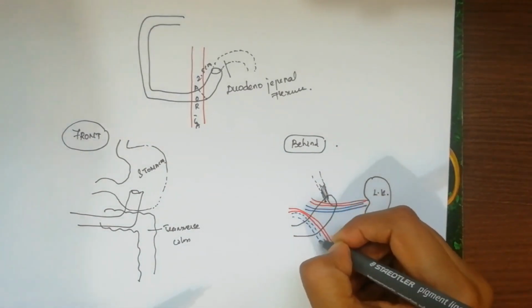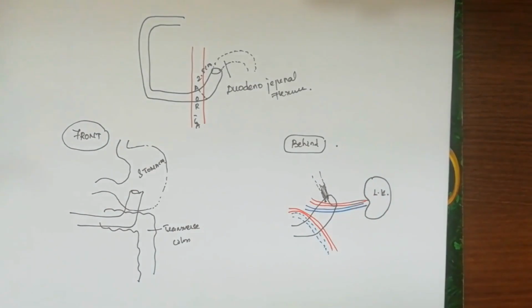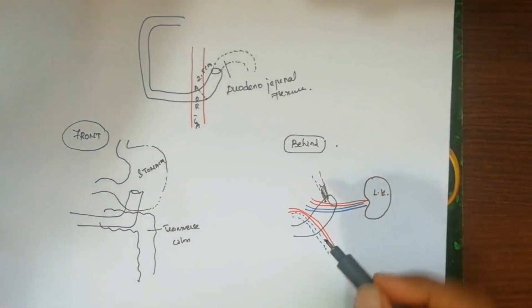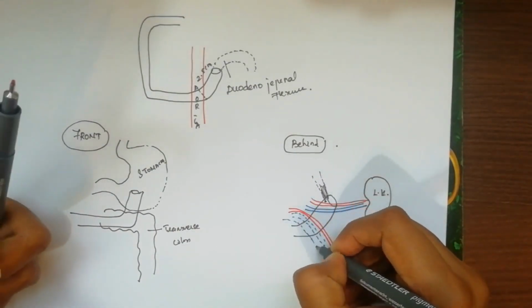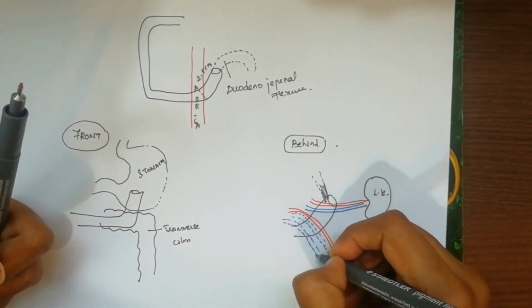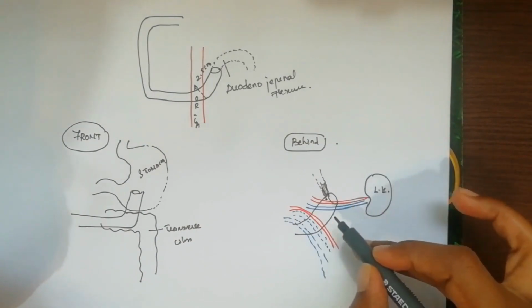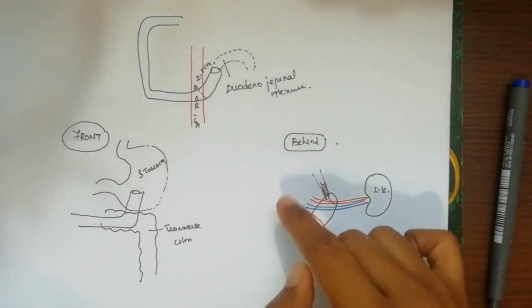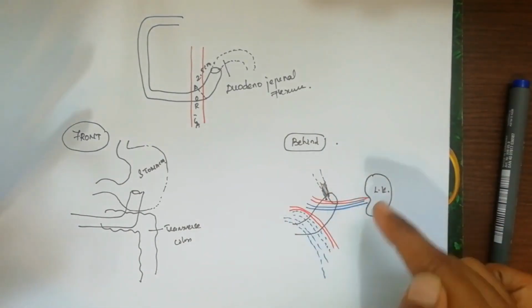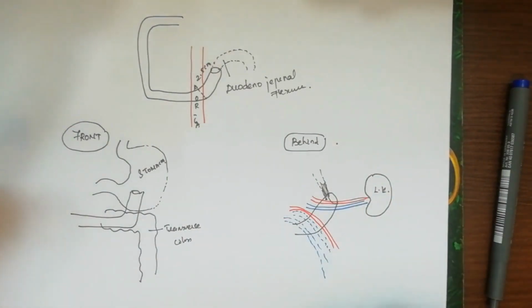Along with that we have one more vein which is related, that is the inferior mesenteric vein. So all these structures are related just behind the fourth part of duodenum. These are the relations in the posterior aspect of the fourth part of duodenum.